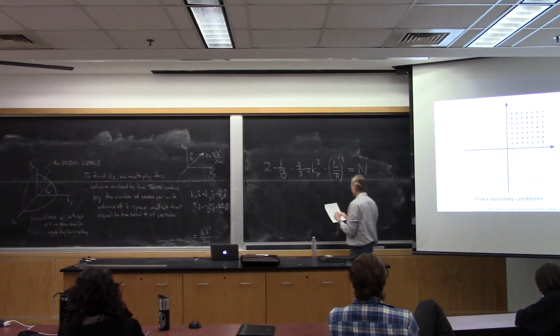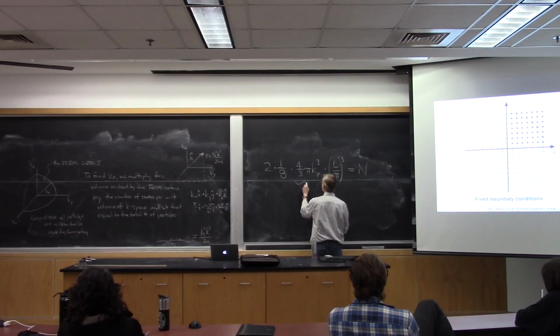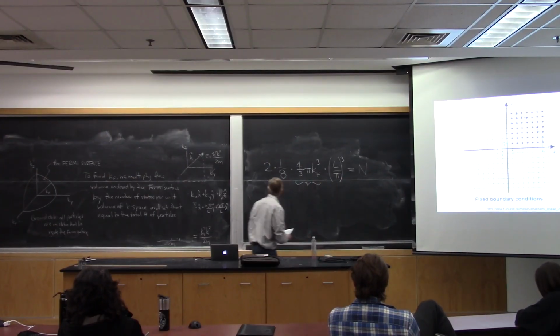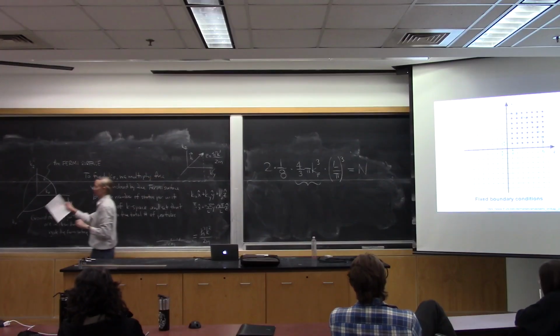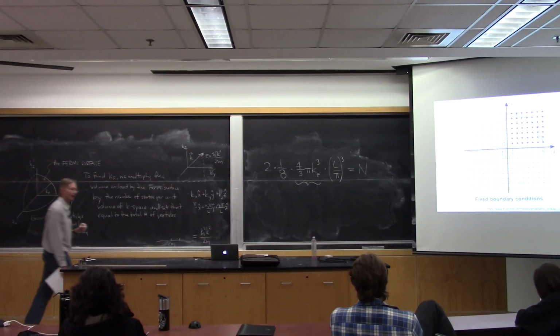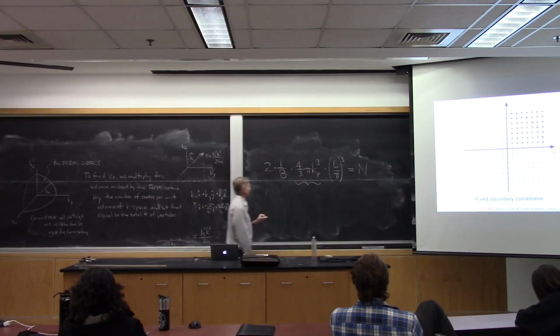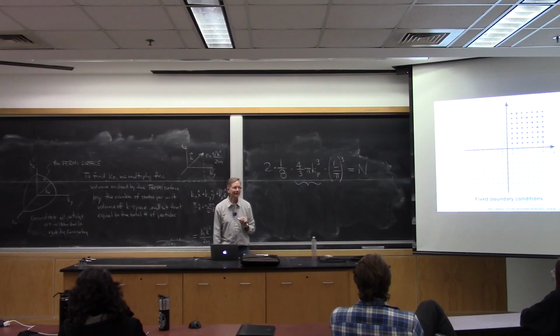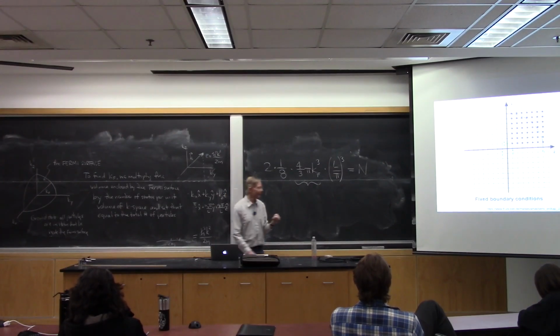But let's take each piece of this. What is 4/3 pi k Fermi cubed? That's the volume of the sphere, except why did we also multiply by 1/8? It's only the first octant, right?